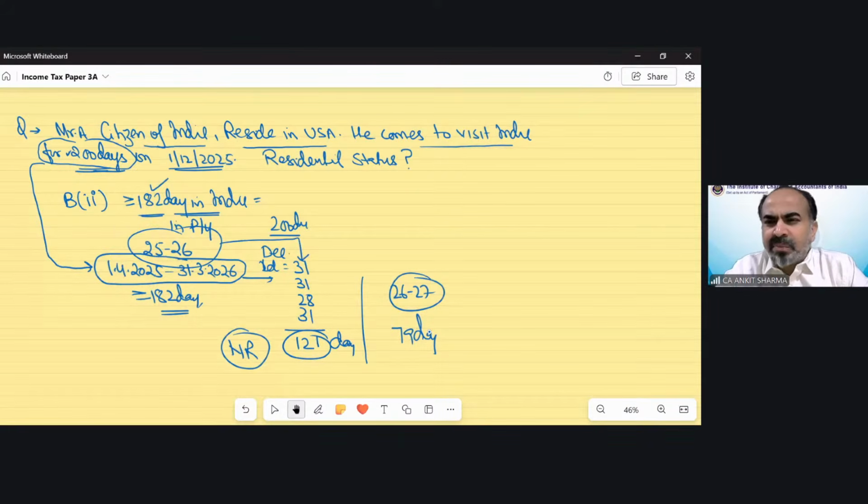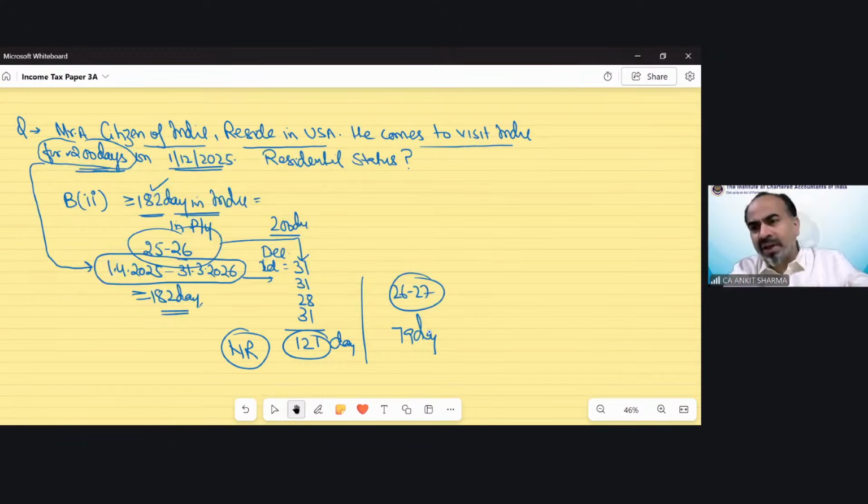Mr. Ketan is saying B2 category talks about citizen and PIO. Will it be that category or category A general condition? No. If you are residing outside India and coming to India, or if you are leaving India permanently, then category B applies. If you are not leaving India permanently, if you are not residing outside India, in that case category B does not exist.